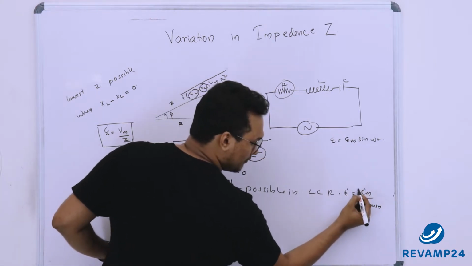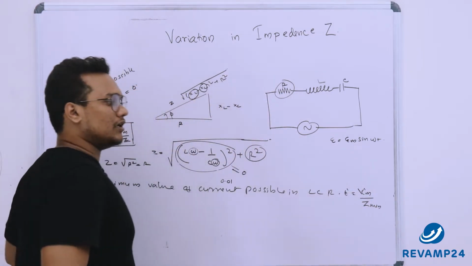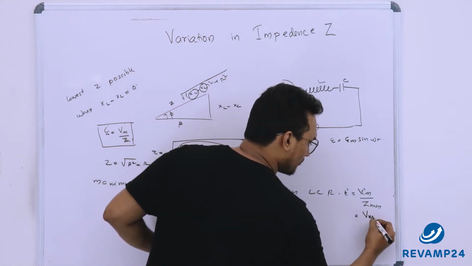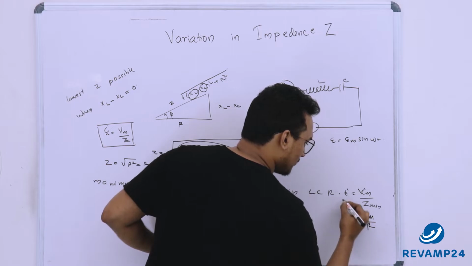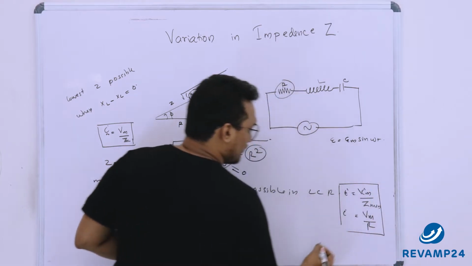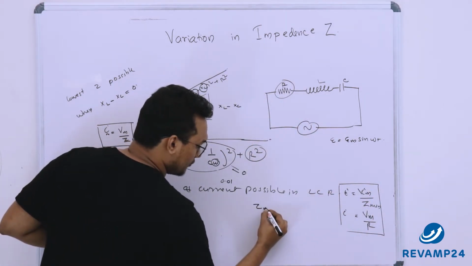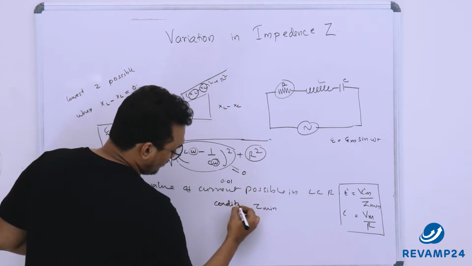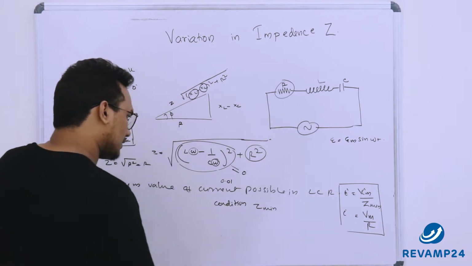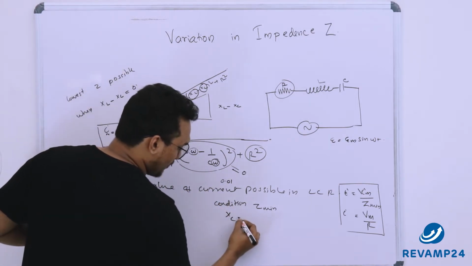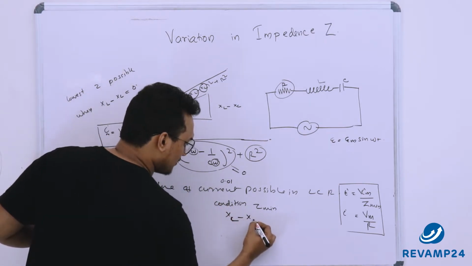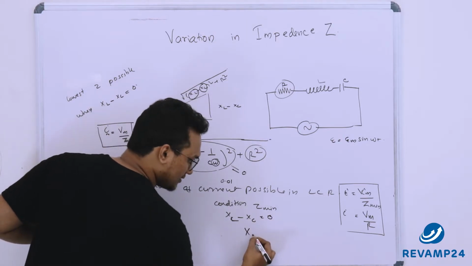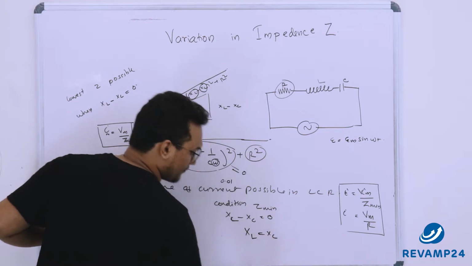So Vm divided by the minimum value of Z, and the minimum value of Z is nothing but R. So Vm by R would be the maximum value of current. And at that value Z should be minimum, and the condition for Z minimum is XL minus XC is equal to 0, which is XL is equal to XC.